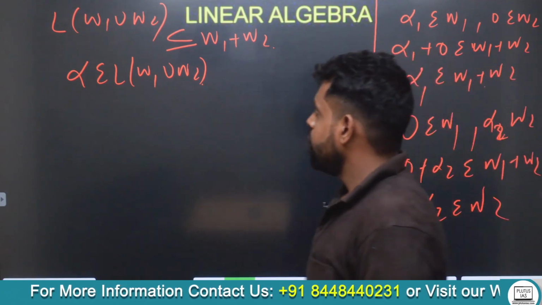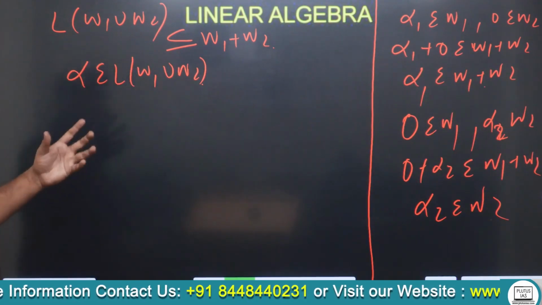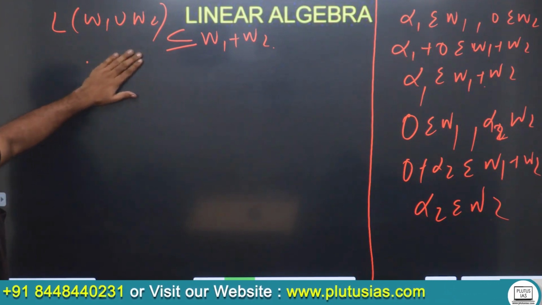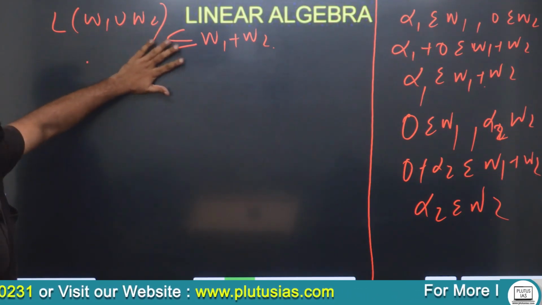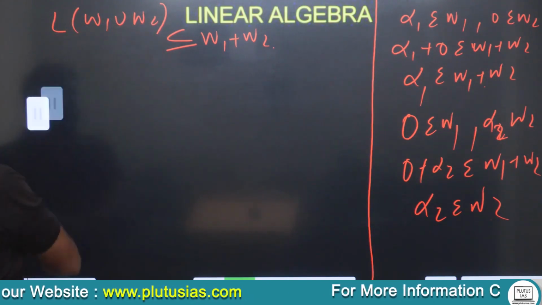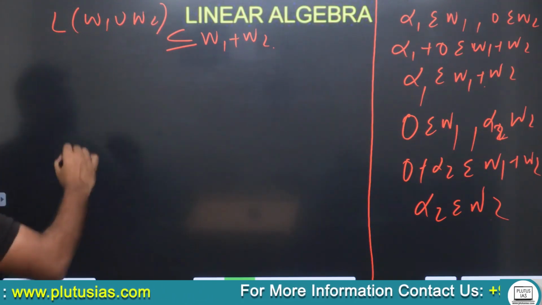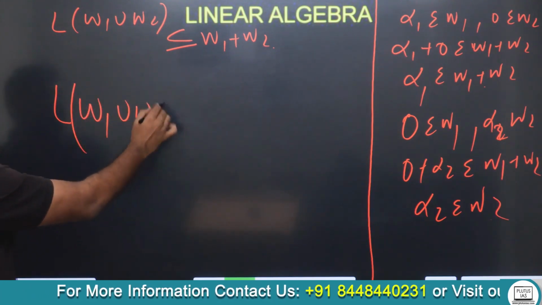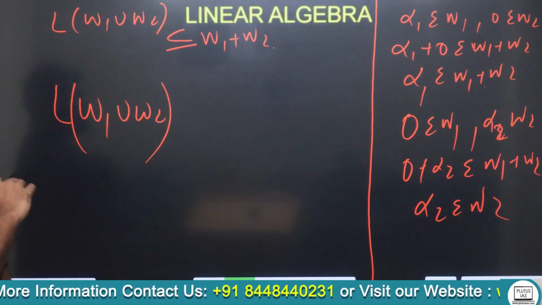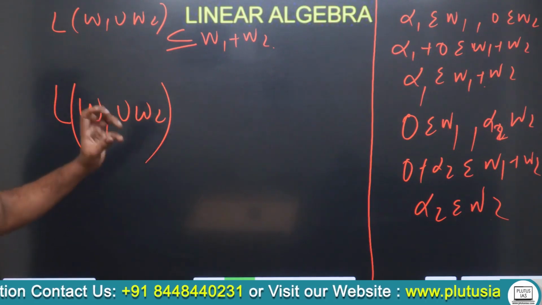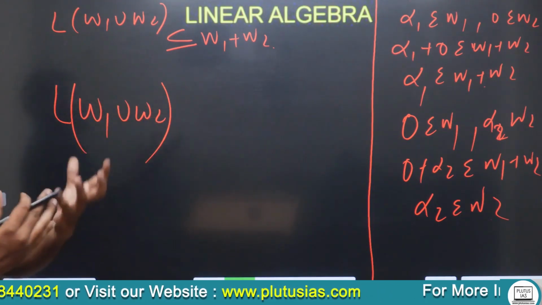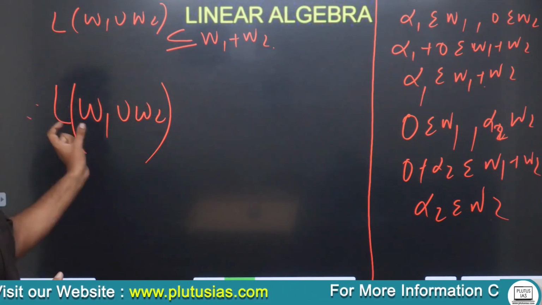Okay, then can you say that what is this linear combination? Linear combination is closed under vector addition and scalar multiplication. So the whole linear combination of W1 union W2 will also belong to W1 plus W2 ना.